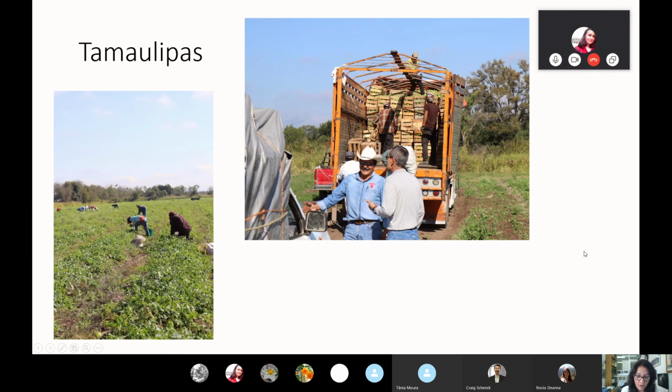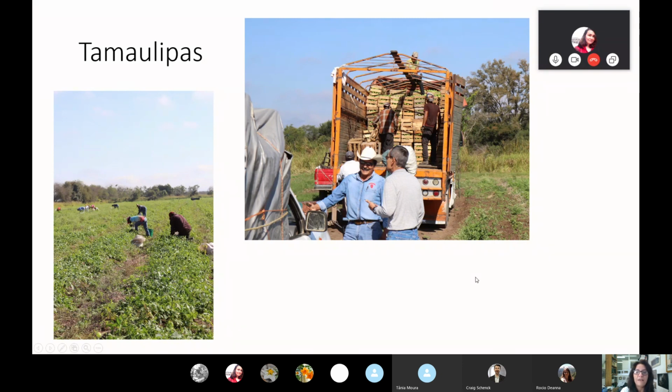In Tamaulipas, on the other side, they have a very high technology cultivation. They had over 30 hectares of Physalis philadelphica, and they gather about 8 tons per hectare in this area.